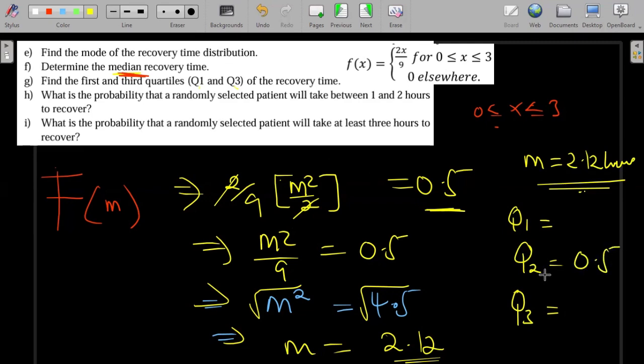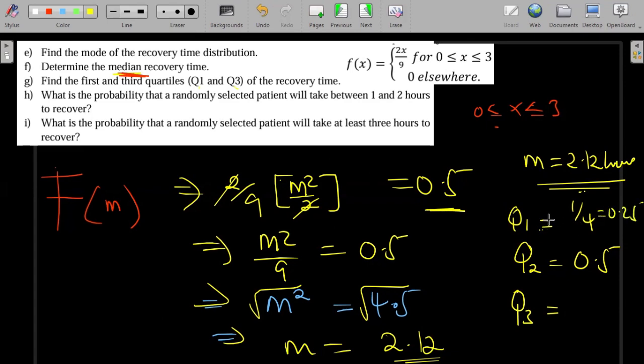And when you're finding Q1, you have to equate the CDF to 1/4. In decimal, 1/4 is the same as 0.25 when you're finding Q1.